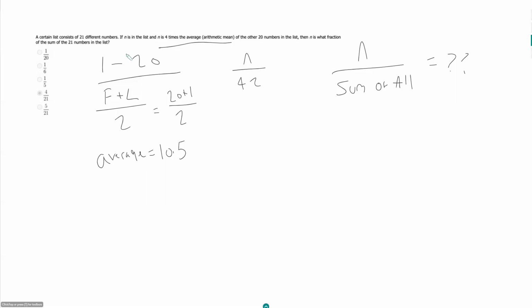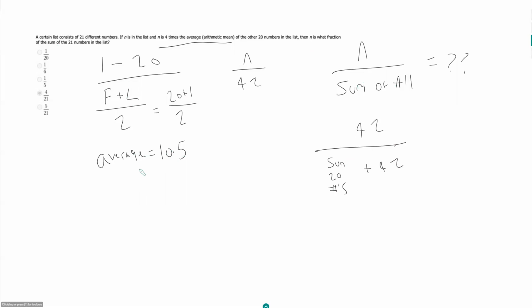Then I have to find what fraction n is of the sum of all numbers in the list. n is 42. This is going to be 42 over the sum of my other 20 numbers plus n, which is 42. So how do I find the sum of these numbers?